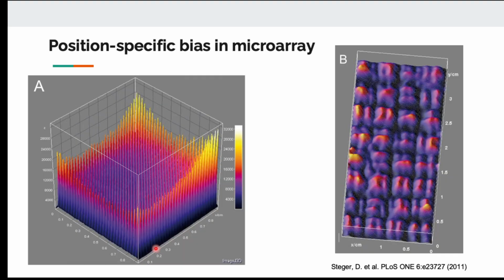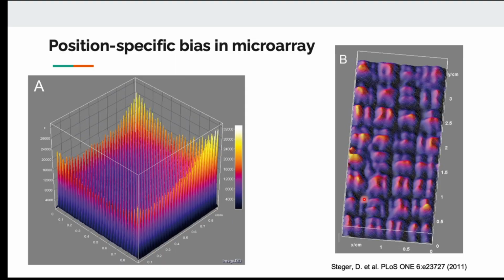Okay. Just to show you that the position on the array can introduce biases in the binding and in the concentration of RNA. So people found that on one microarray, even if you put in the same probe, you can have different intensity, different kinds of hybridization, just because your RNA molecules are not evenly distributed, and maybe the imaging technique is not evenly applied, so you don't get the same measurement throughout the array.